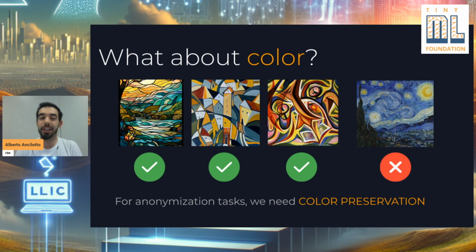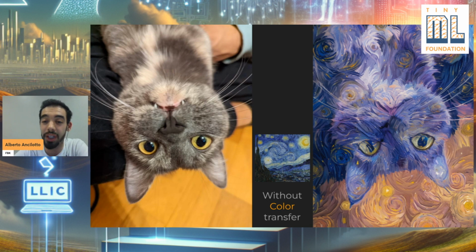However, we still do have some problems, particularly related to color. If we try to run this approach as is, using the Starry Night as our style, what we get is this. And you can see that the image, yes, it is styled, but it is very, very blue, okay? And this makes sense because our style reference is blue. So what is happening?